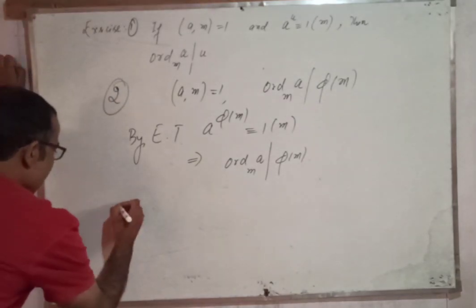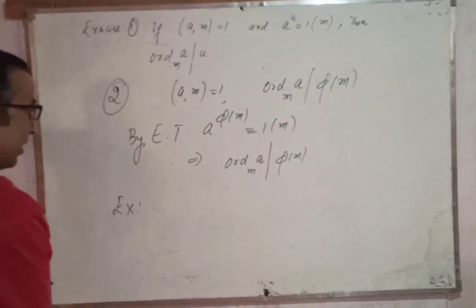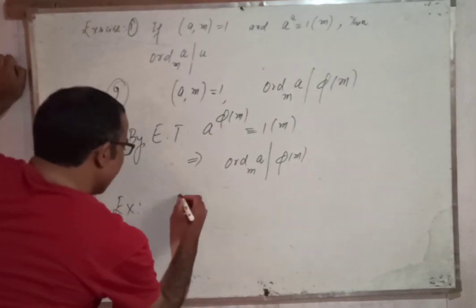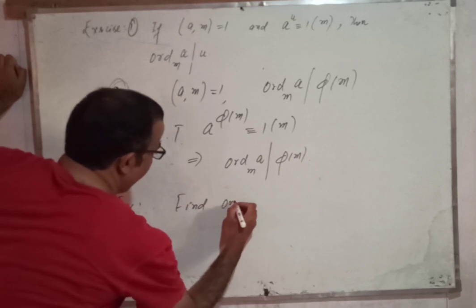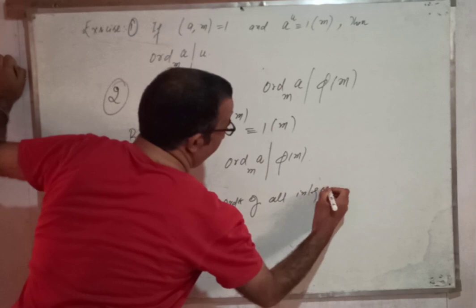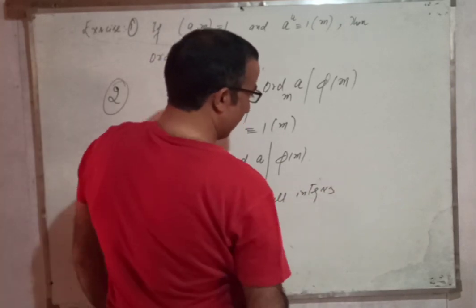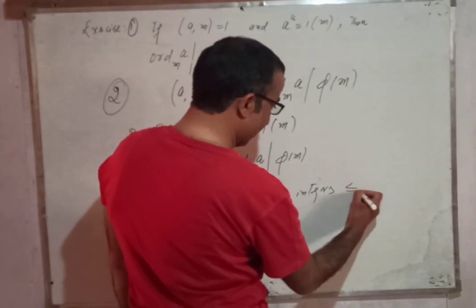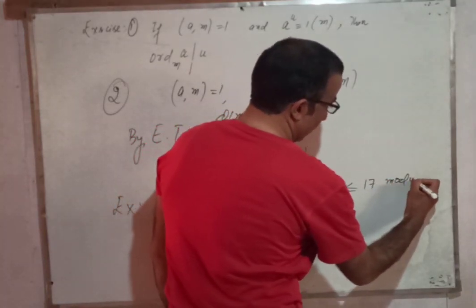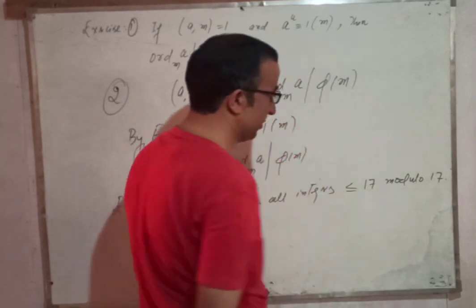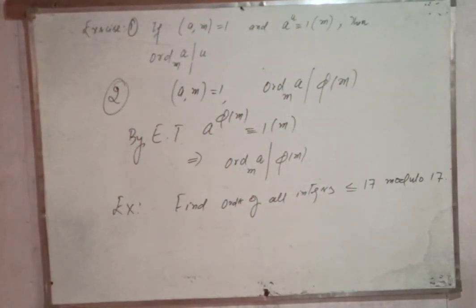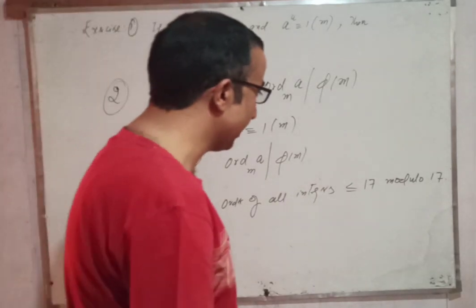The application of this is in calculating the order. For example, find the order of all integers less than or equal to 17 modulo 17, because every integer less than or equal to 17 is relatively prime with 17 except 17.